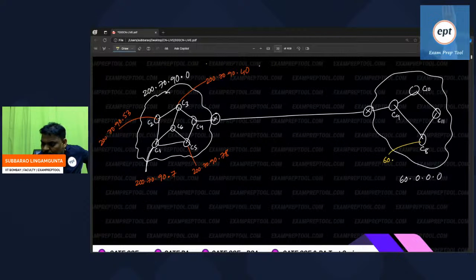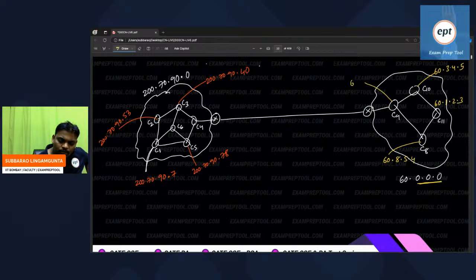In a class A network, the host area is 3 octets, and you can change anything. 60.8.5.4, 60 is common everywhere. 60.3.4.5, 60 is common everywhere. 60.1.2.3, and this one is 60.90.200.40.